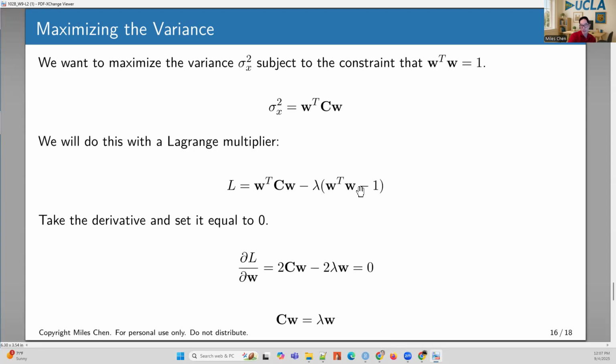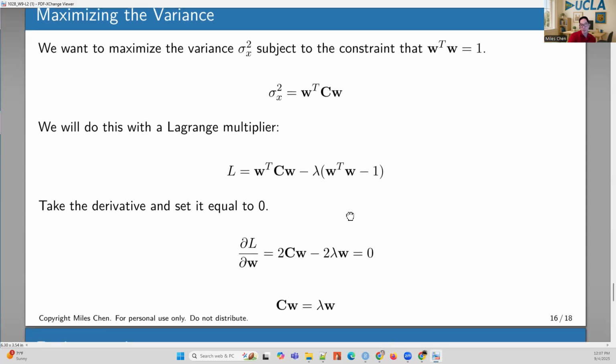This part is equal to 0; this is the constraint. To maximize this, we take the derivative and set it equal to 0. I get 2 times C w minus 2 times lambda w. This is just taking gradients with respect to vectors. We set that equal to 0.